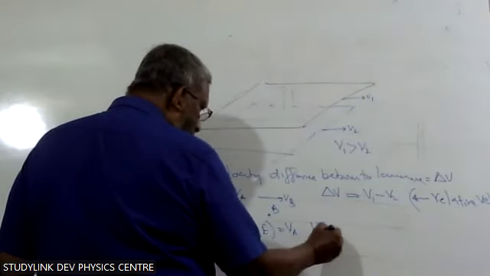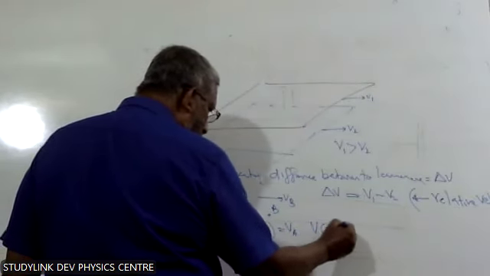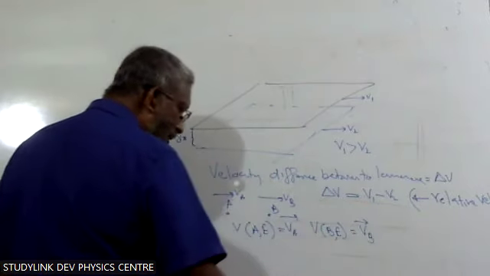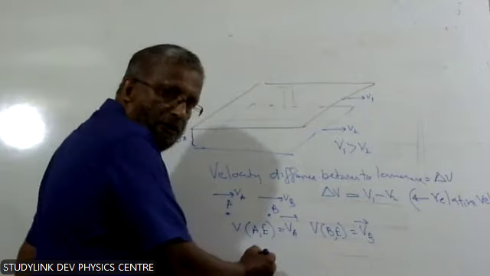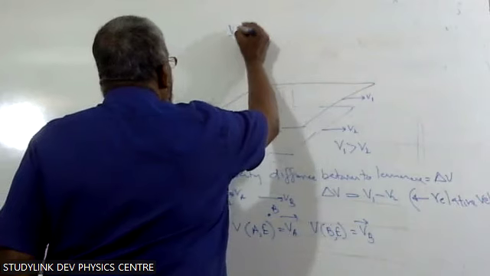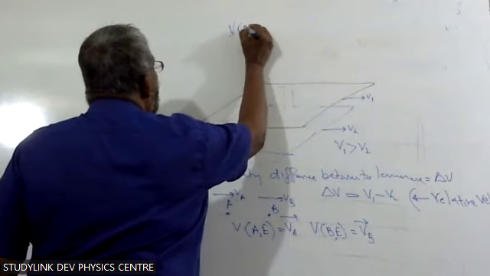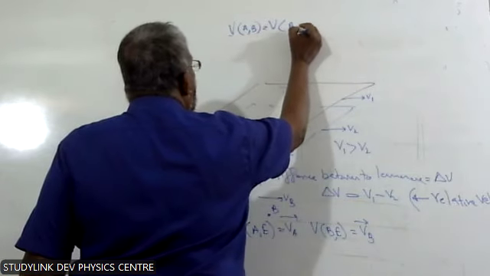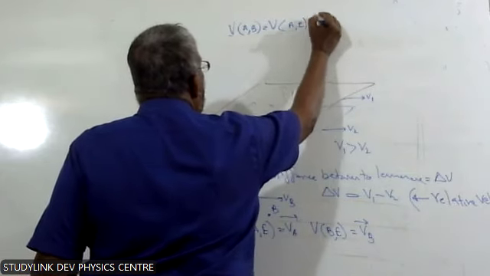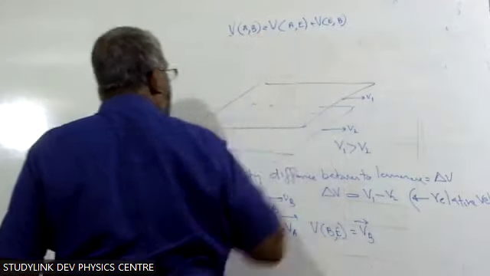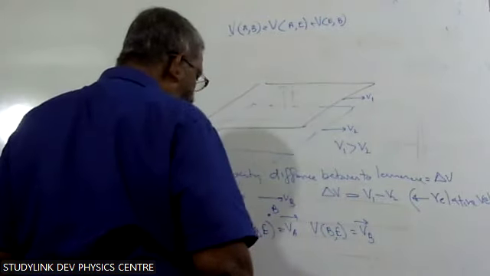Velocity of B relative to the earth is VB. Both are in the same direction. So velocity of A relative to B is equal to VAE plus VEB. This is not to be done under viscosity, but try to understand what's happening there.